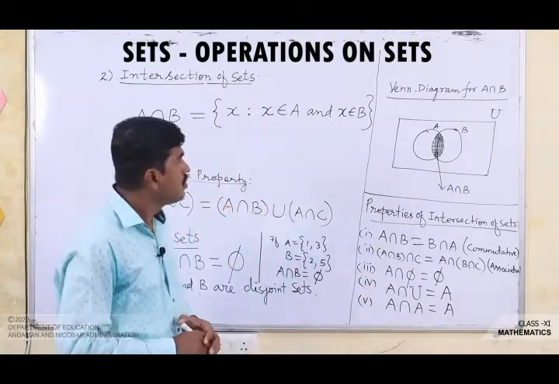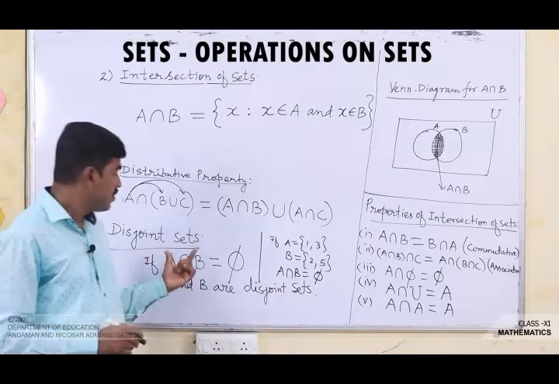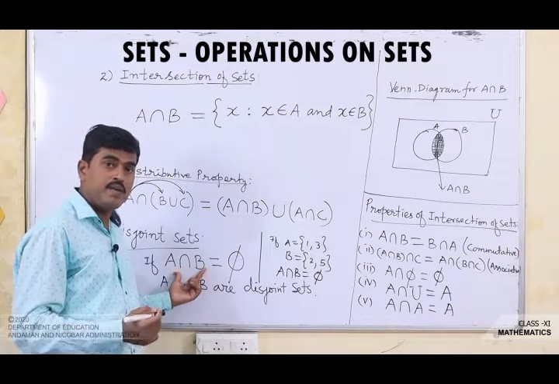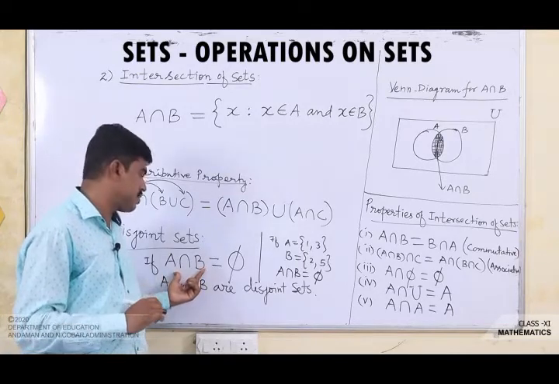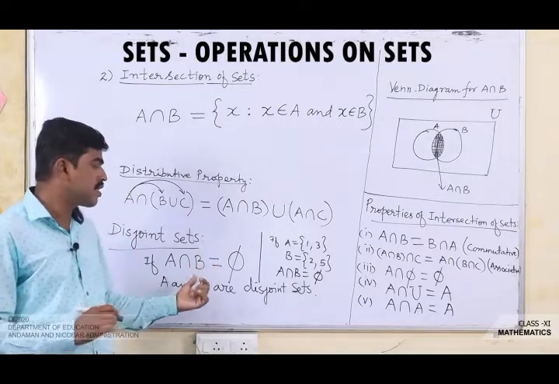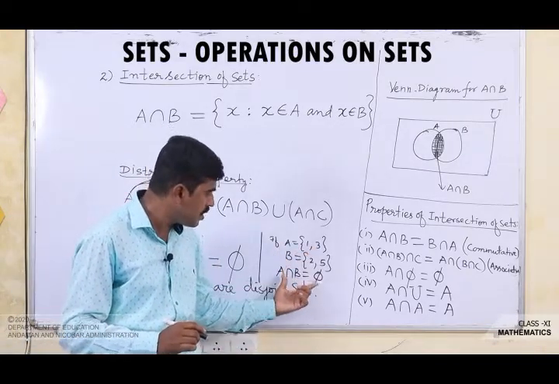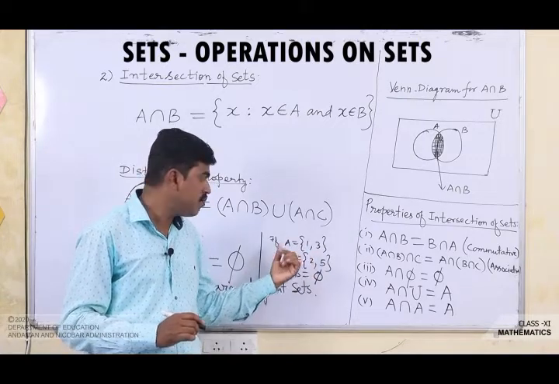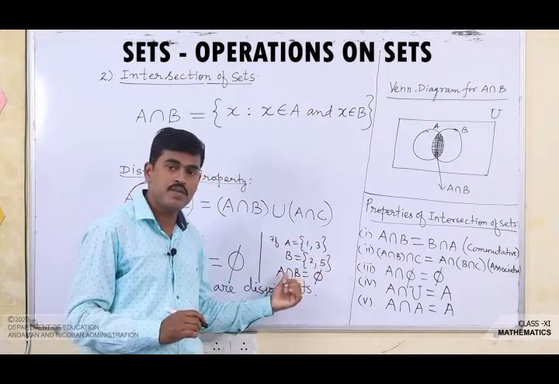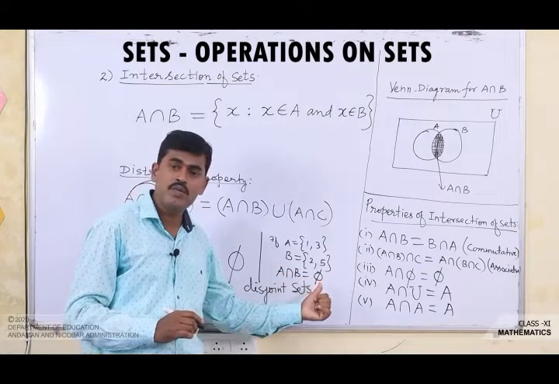Okay. Now disjoint sets: if there is no element in the intersection of two sets, that means if A intersection B is equal to phi, then these two sets are called disjoint sets. One example is also given there. A contains the elements 1, 3, B contains the elements 2, 5. So there is no common element in A and B. So A intersection B is equal to phi.